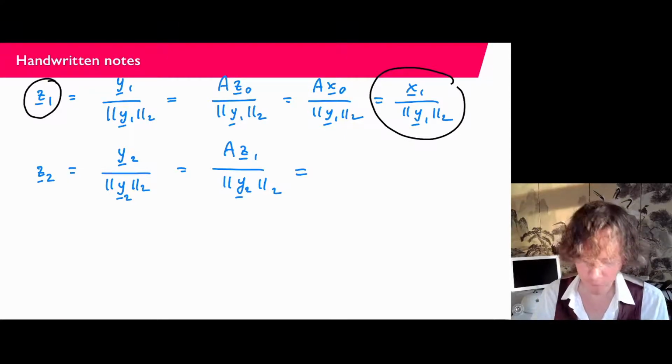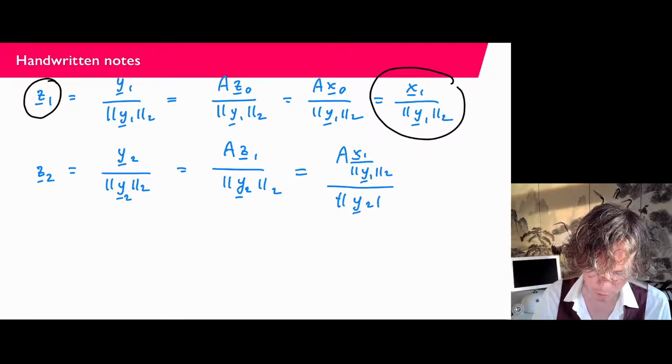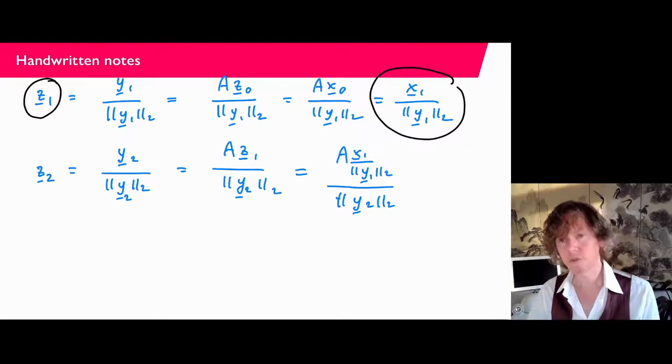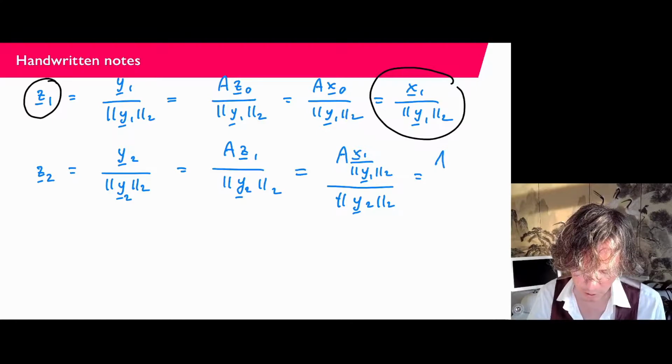And then I find a x1 over length y1 over length y2. Now this length of y1, that's just a number, so I can also write this as a x1 over length y1 times length y2.